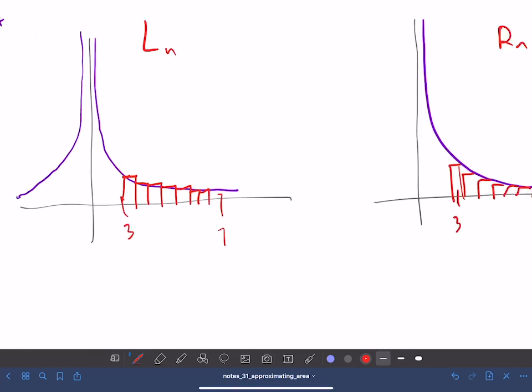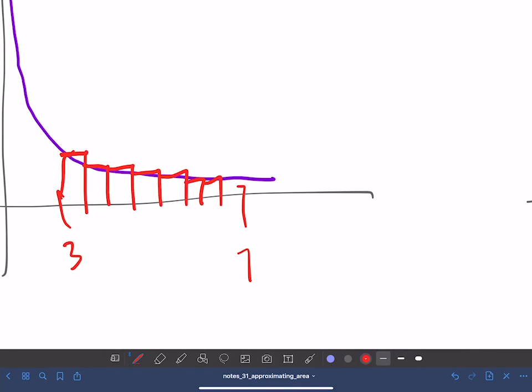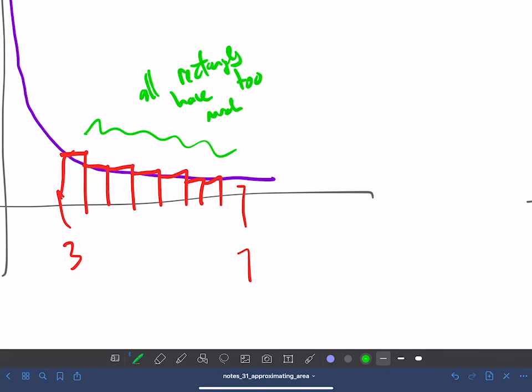Take a look at what happened when we drew the left endpoints. All of these have extra area. All of those rectangles have too much area.